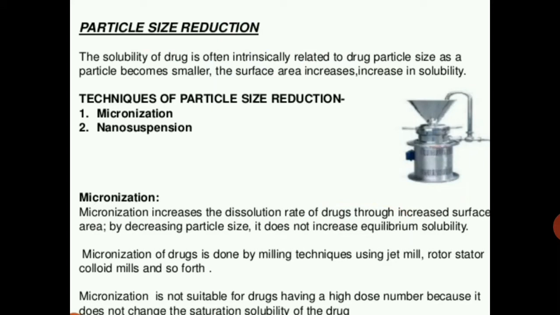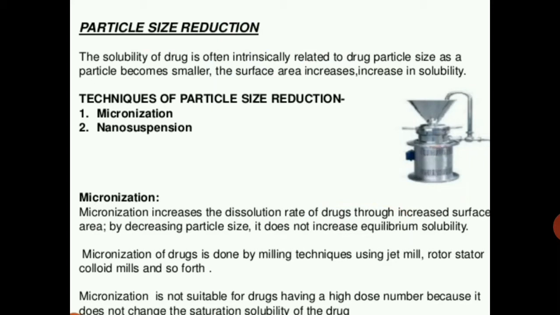So the first one is physical modification. The processes are particle size reduction, modification of crystal habit, drug dispersion in carriers, complexation, and solubilization by surfactants or solubilizing agents.